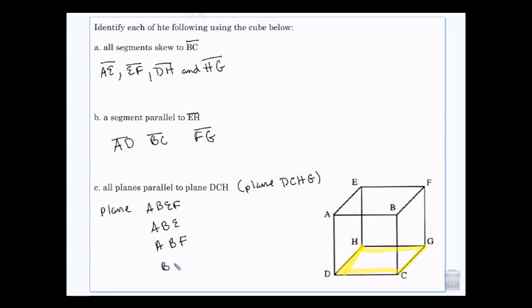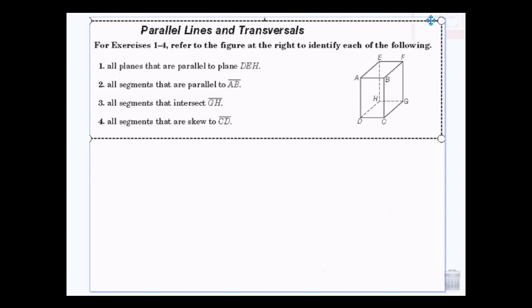Or BEF. Okay, so I can use any combination of 3 letters. AEF. Did I use AEF yet? So I can use any combination of 3 letters, or I can use all 4, just as long as I'm getting the other side of the box, the top of the box. So just try these.